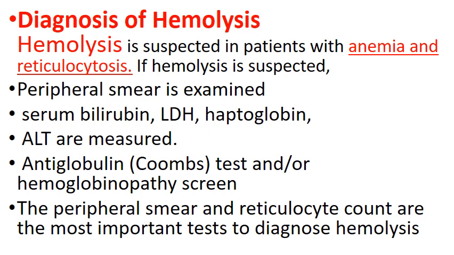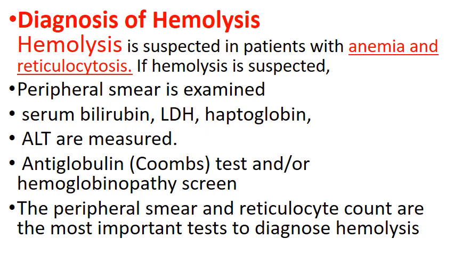So we will do a peripheral smear, peripheral blood film, serum bilirubin, blood biochemistry, lactate dehydrogenase, haptoglobin in the blood, ALT, which is the liver enzyme, and also Coombs test. We have direct and indirect Coombs test, or hemoglobinopathy screen, which is hemoglobin electrophoresis.